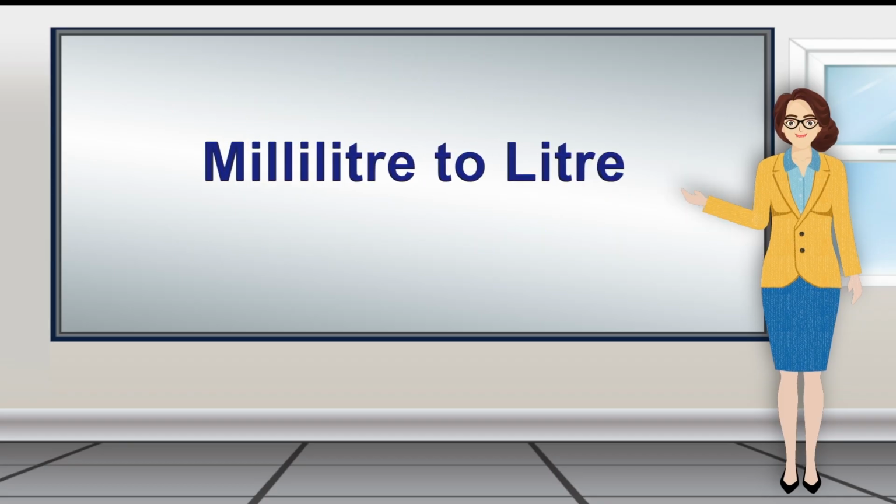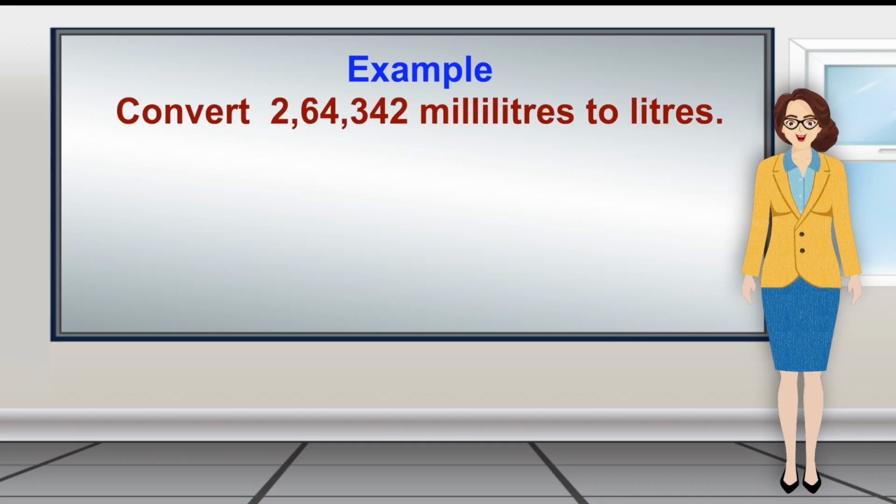Let's learn the conversion of milliliters to liters. To convert milliliters to liters, divide the given capacity in milliliters by 1000. Let us learn from an example. Example: convert 2,64,342 milliliters to liters.